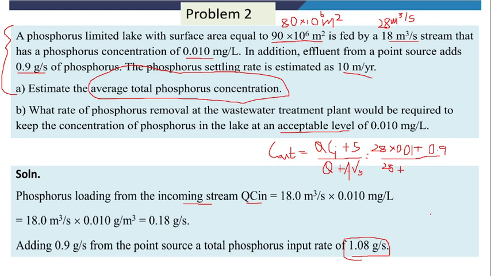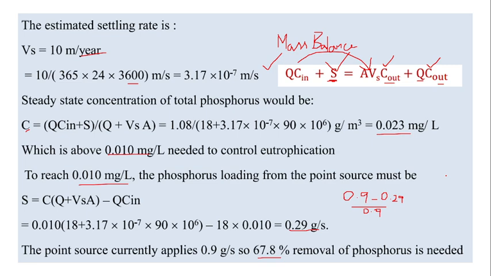The area has changed, so the new area is 80 into 10 power 6, into Vs. Vs is the same, it has not changed.